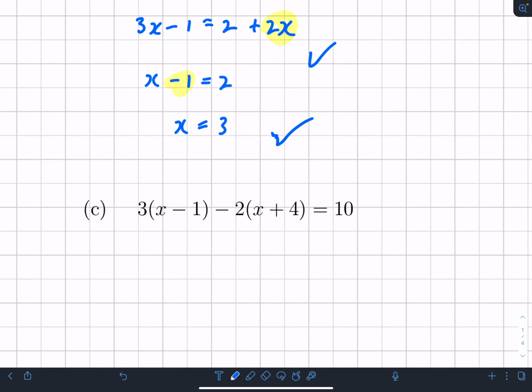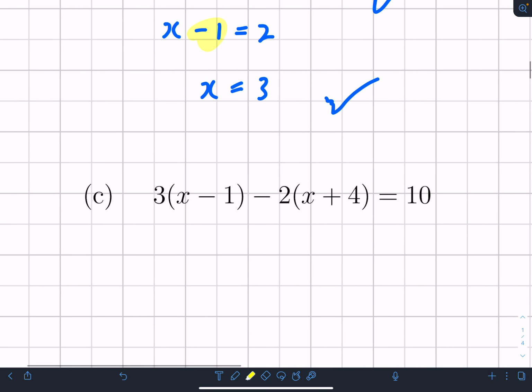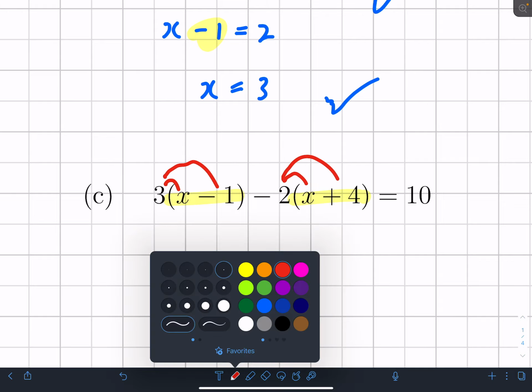C. Okay, with C, we need to expand our brackets, firstly. And so let's do that. We would do 3 times x and 3 times negative 1. And to expand the second bracket, it would be negative 2 times x and negative 2 times positive 4.